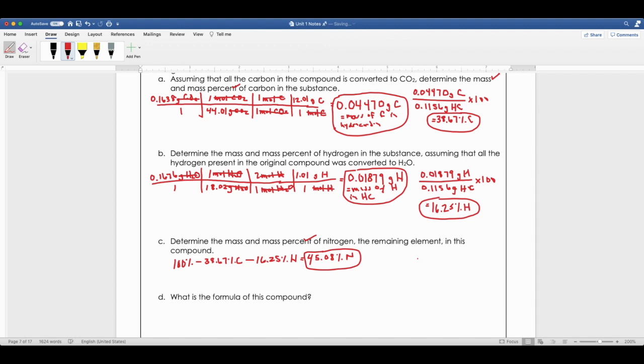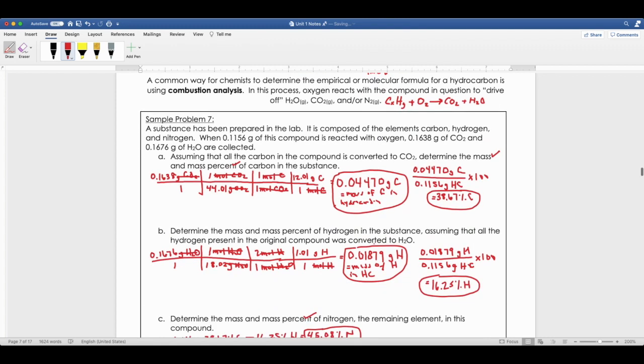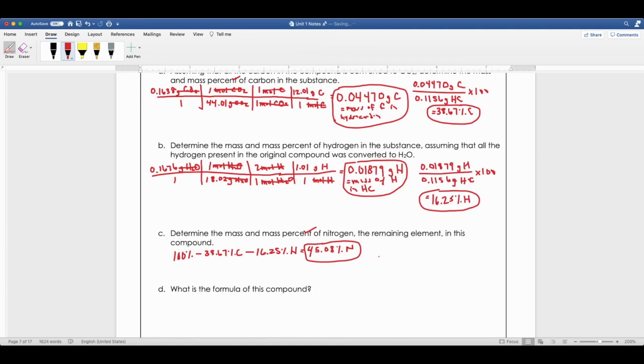The question's asking, though, what's the mass and mass percent? We could do this the same exact way. We know that this compound is 0.1156 grams. We figured out that 0.04470 grams of that is carbon, and 0.01879 grams of that comes from hydrogen. So I'm going to do another subtraction and say, okay, what's the remaining mass? Because it has to be nitrogen, because there's only 3 elements in it. This is just 2 ways of doing the same exact thing, and we're only doing it this way because the question is asking us to.